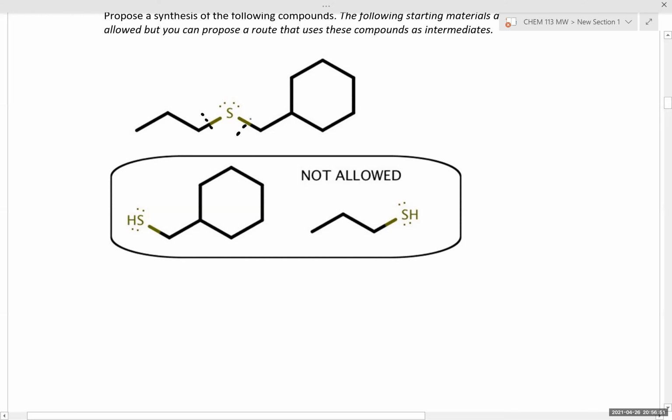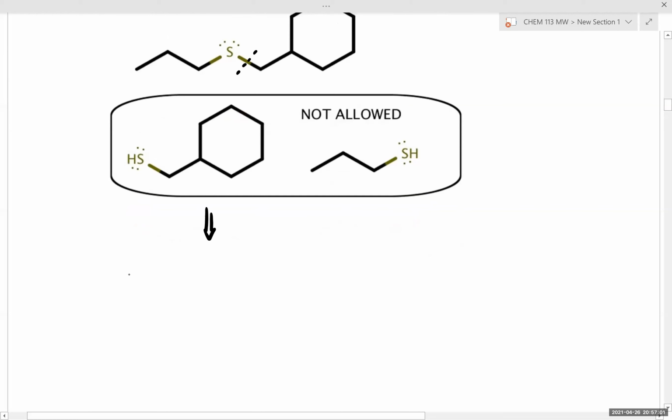So I'm immediately inclined to break these bonds. So retrosynthetically, I'm just going to arbitrarily break this first bond here. And we'll trace this back to some sort of sulfur-based nucleophile and some sort of alkyl halide. Now, this reaction will work just fine, but we're banned from using this starting material.